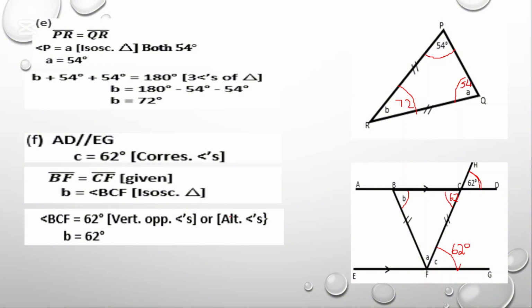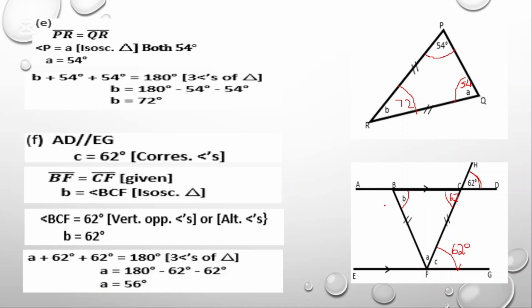For that reason, B and BCF, they are equal. Right? Now we say BCF is equal to 62 degrees. Why? Two reasons: vertically opposite or alternate angles. So B is equal to 62 degrees. Right, we must still find A.